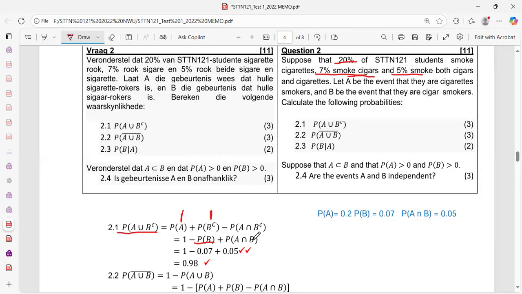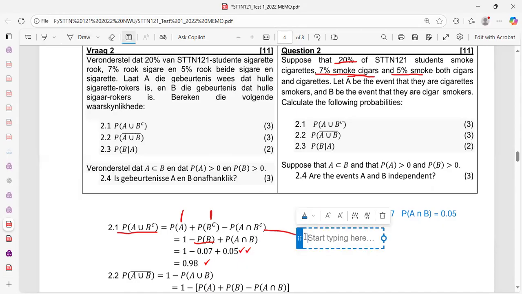Let's solve this. I want to show you how they got 1 minus the probability of B plus the probability of A and B. I think I had the notes for this. Okay, the probability of A plus the complement of B. The complement of B, we can write it as 1 minus the probability of B.